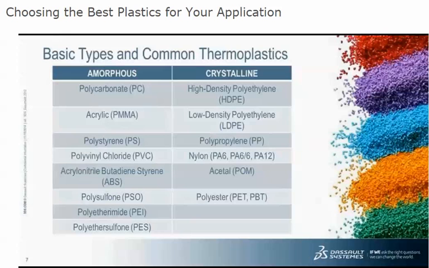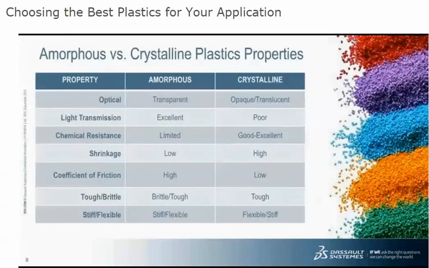What's the difference between those materials? If we take a look at some various properties of plastic materials down the left side column of this table, and then we compare amorphous to crystalline. So for example, if we talk about optical properties, if you were ever going to use a plastic material in a lens application, say like an eyeglass lens or a magnifying lens, guaranteed it will be an amorphous plastic because only amorphous plastics are completely transparent.